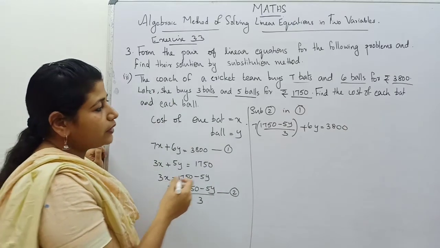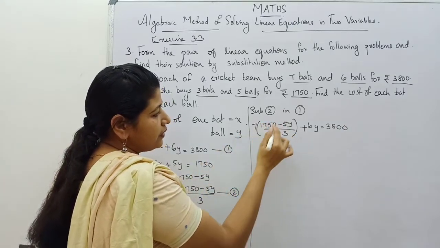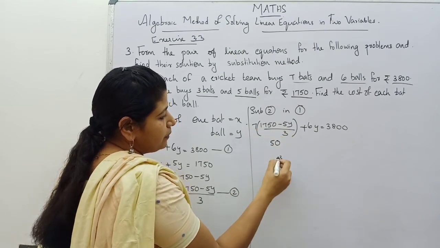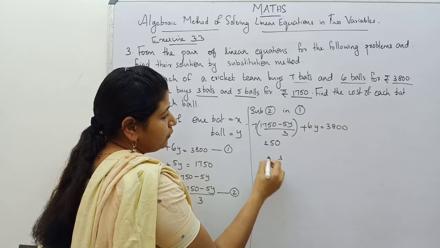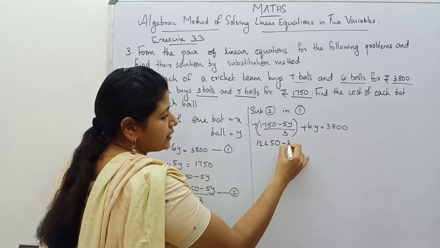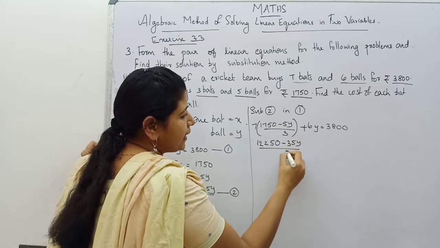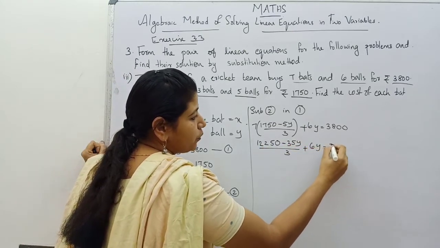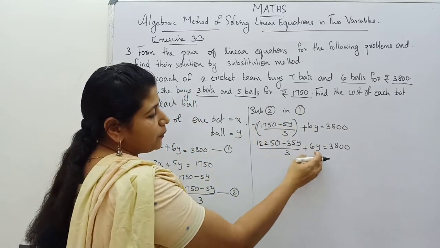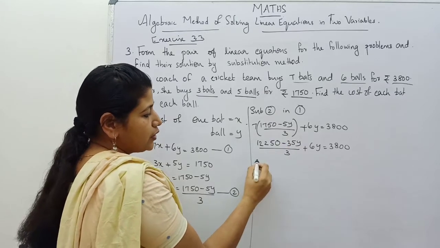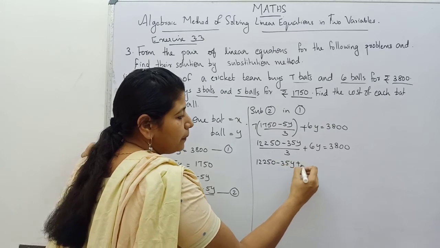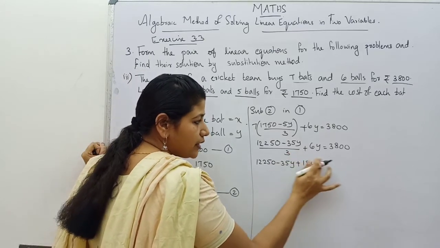Now we can make the calculation. 7 into 1750 is 12,250, minus 35y by 3 plus 6y equal to 3800. Now we can make the denominator the same by cross multiplying this 3. So you will get 12,250 minus 35y plus 18y equal to, this 3 can be taken to that side.